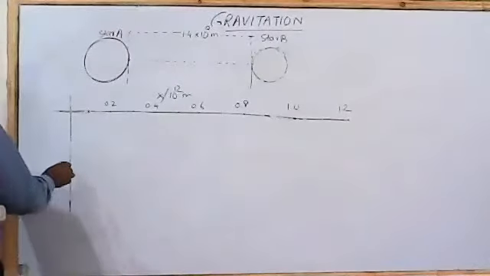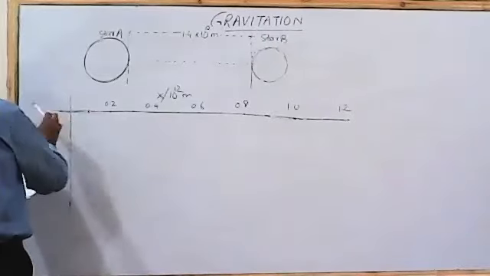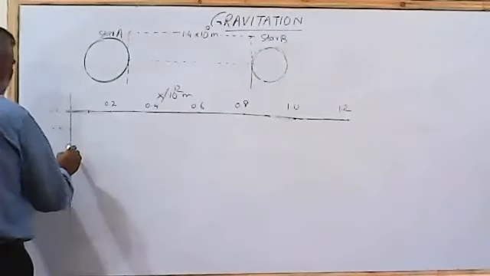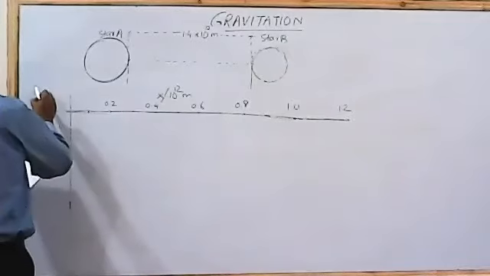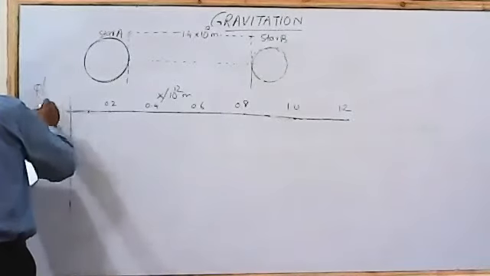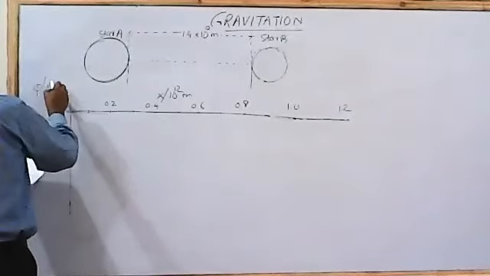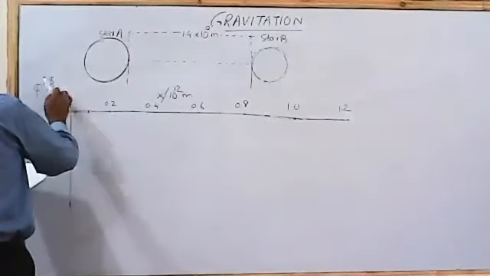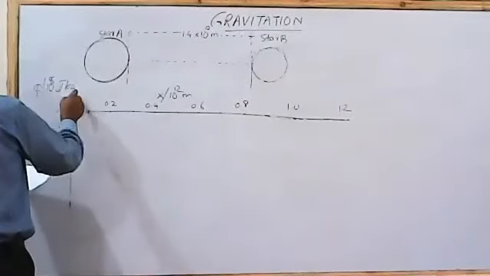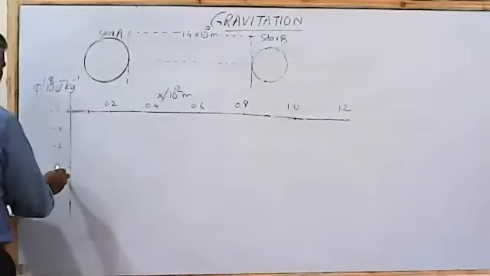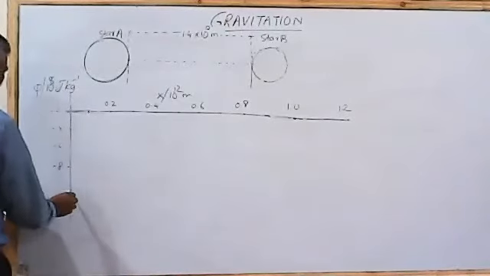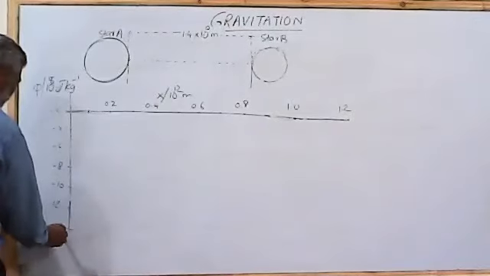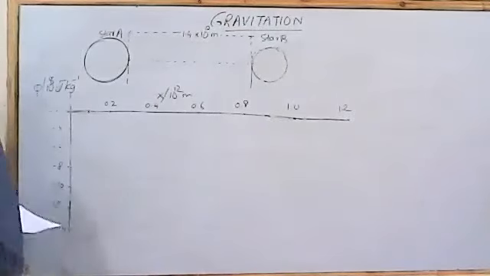Another set of values which appear on this side of the graph are -2, -4, -6, and they are the values of potential with this factor 10 raised to the power 8 joule per kg, and these values are like -8, -10, -12, and -14.